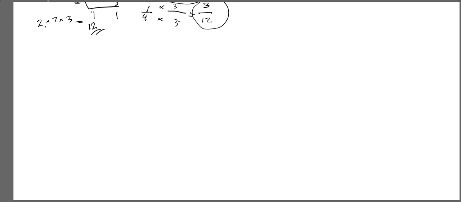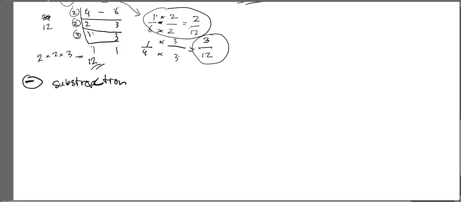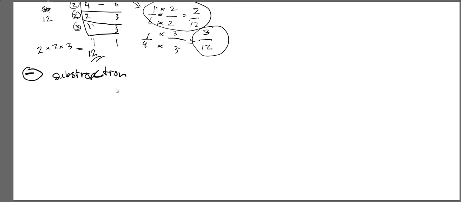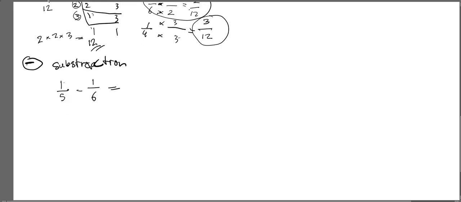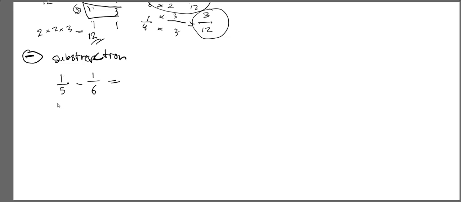So next we jump into the next part, which is subtraction. It's the same way as addition. For example, 1 per 5 minus 1 per 6. We need to look for the KPK first.